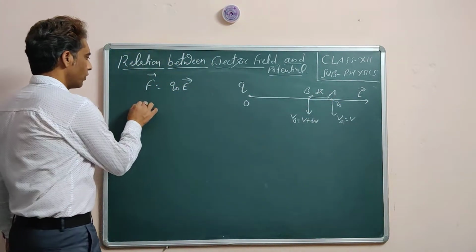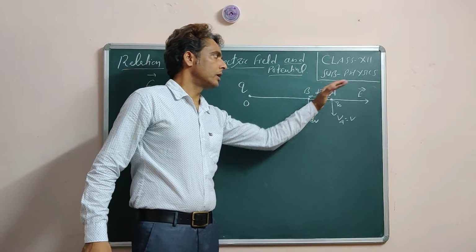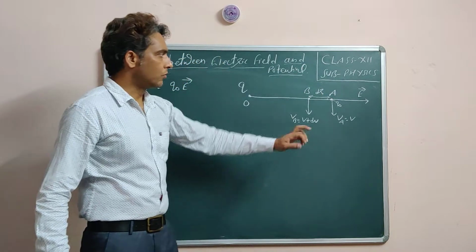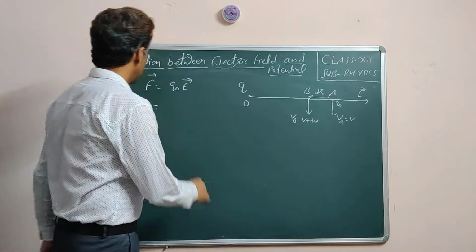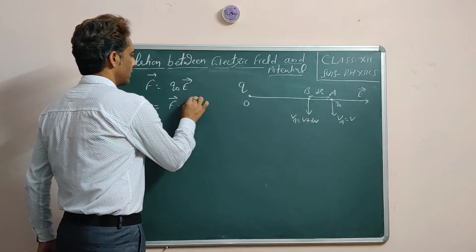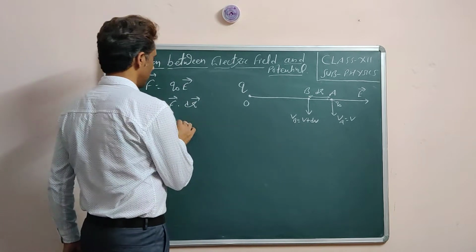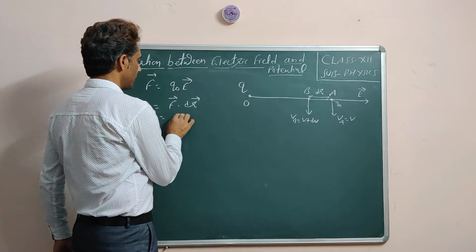Now the small amount of work done in moving this test charge from A to B against this electric field through displacement dr, we can write as F dot dr. Now you can see the angle between F and dr is 180.